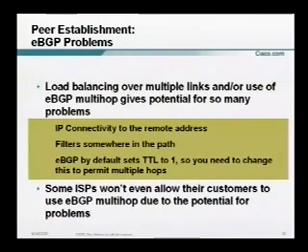But the problems start arising in eBGP when you try and do load balancing, or you try and use eBGP multi-hop. In other words, you're setting the time to live to be more than 1. You're trying to talk external BGP with a device that's not directly connected to the local router.